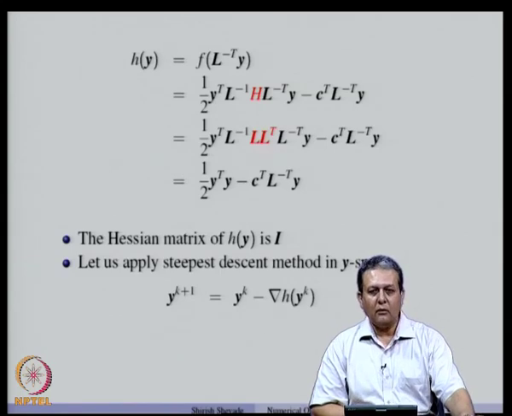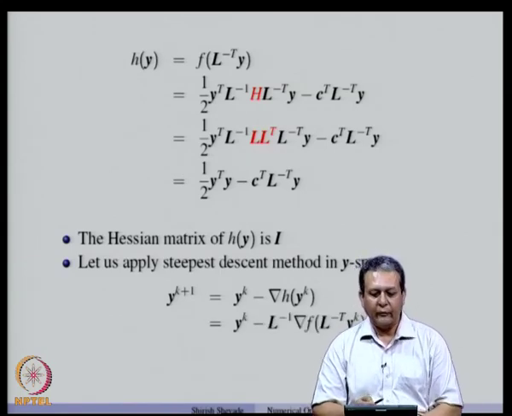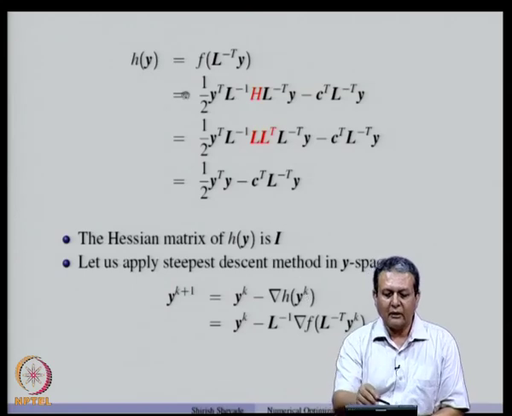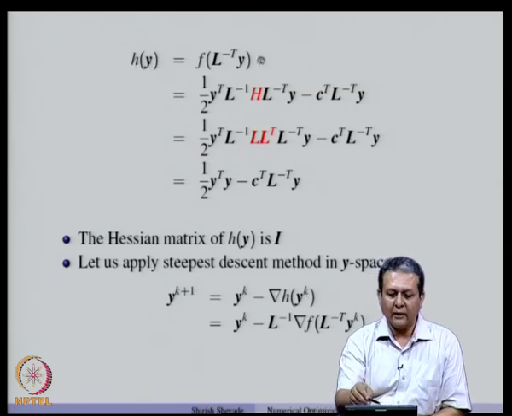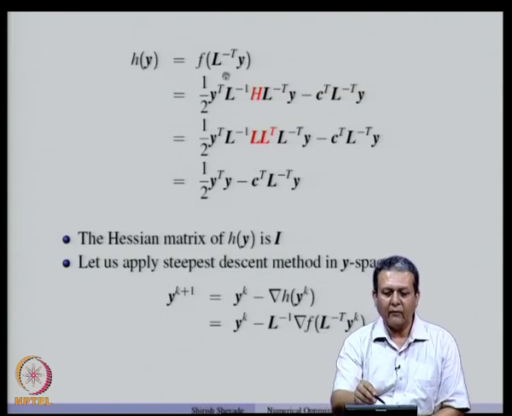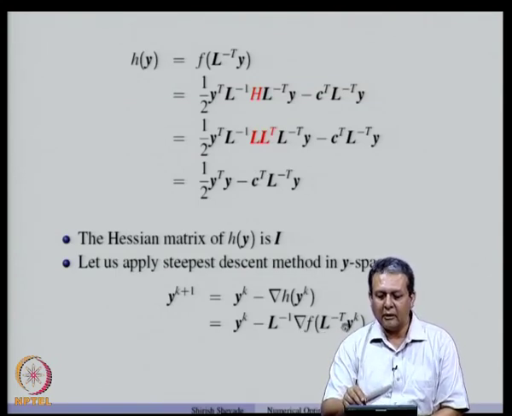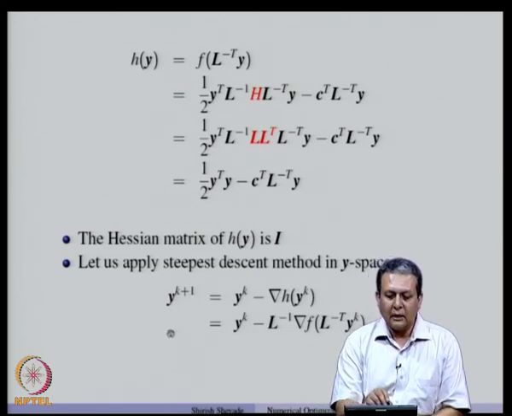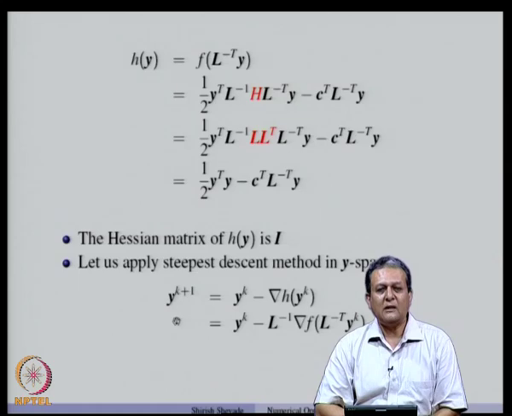Now, if we expand it further, the gradient of h with respect to y will be L inverse into gradient of f of L transpose inverse y k. And now what happens in the x space?